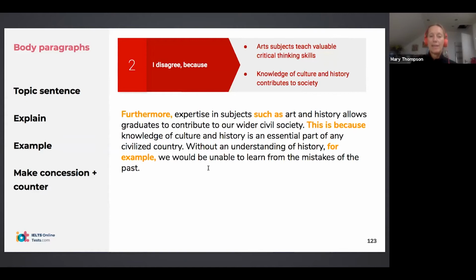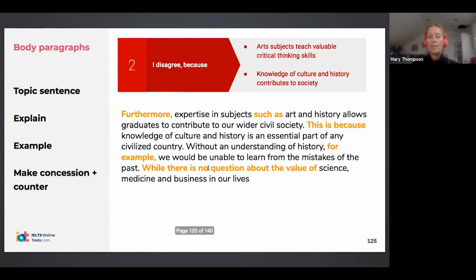Okay, and then making concession. Okay, so again, acknowledging the other side. So while there is no question about the value of science, medicine, and business in our lives, okay, and then you're countering. So you're coming back to your original point with a nice linking phrase here.